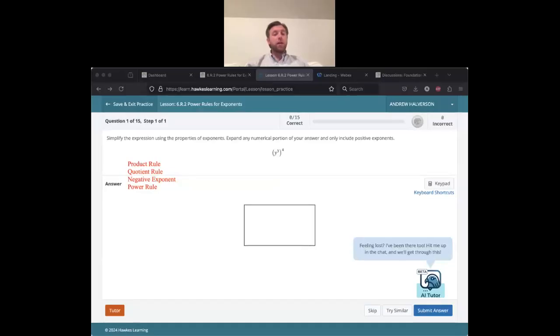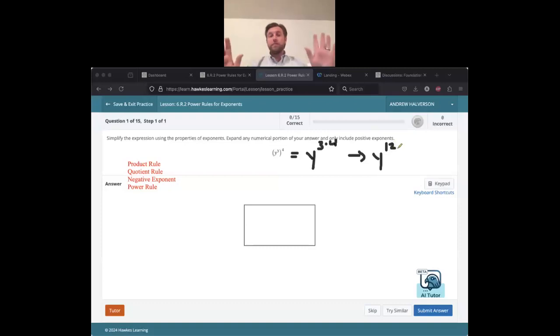So in this one, that's exactly what we have, a power of a power. So we just multiply the two exponents and we get what? Y to the 3 times 4, and that's going to give us Y to the 12th. That's it.